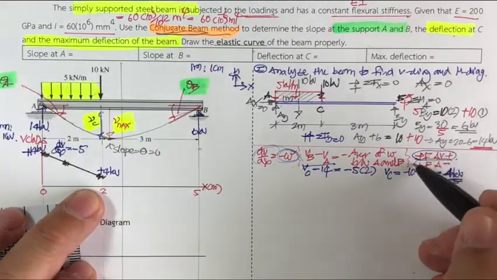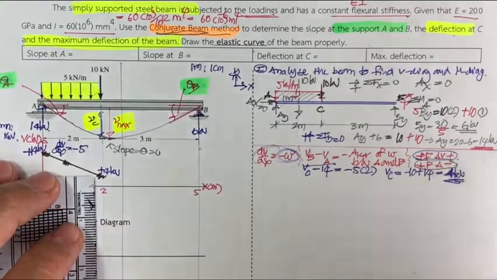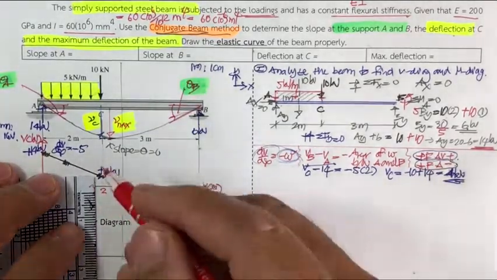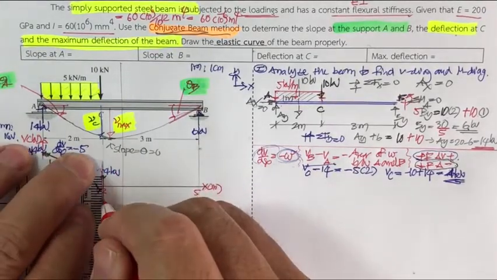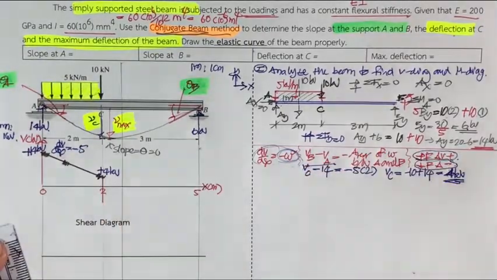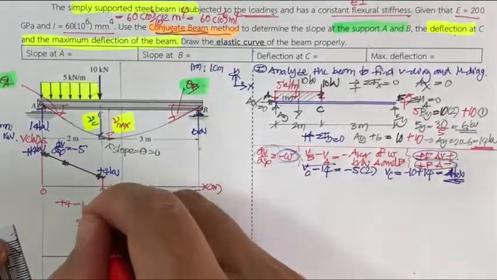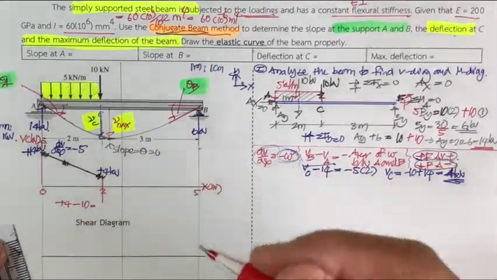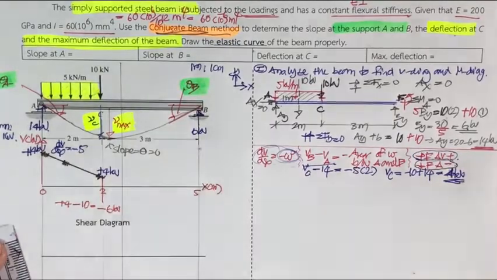Delta V is going to be negative. So it's going to take this part down 10 kilonewton. So this is 10 millimeter. Okay, that is going to be plus 4 minus 10. That is going to be minus 6 kilonewton.